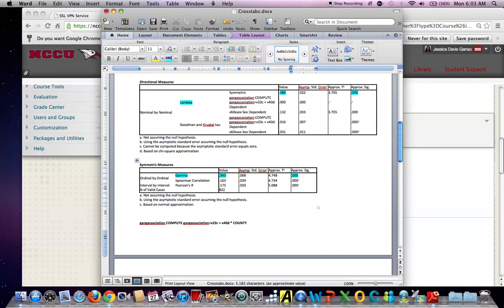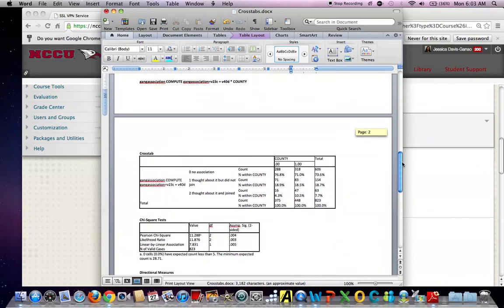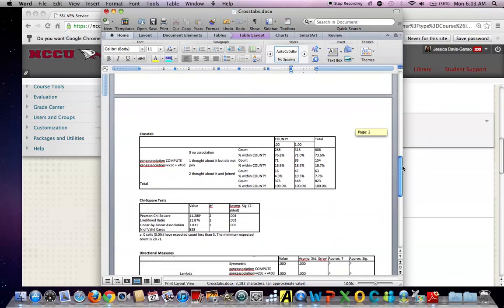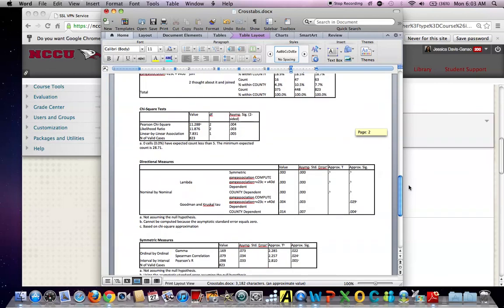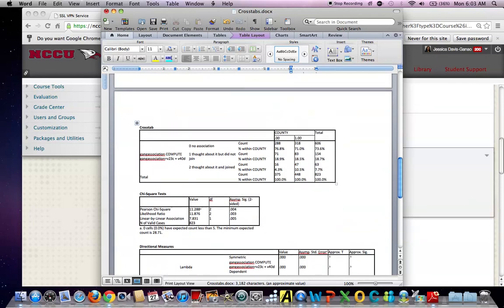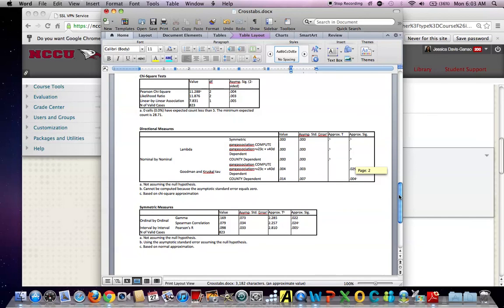I'm focusing on this 0.343 versus the 0.086, and the reason why I'm saying that it must be treating it as an ordinal level measure is when I jump down here to looking at gang association by county, the lambda value has no value. But look over here, the gamma value actually does give us a value of 0.169.